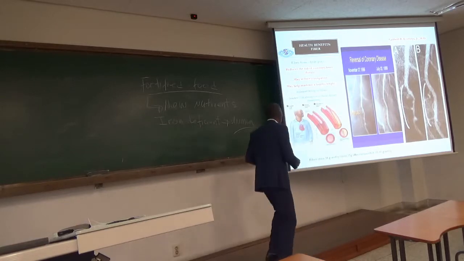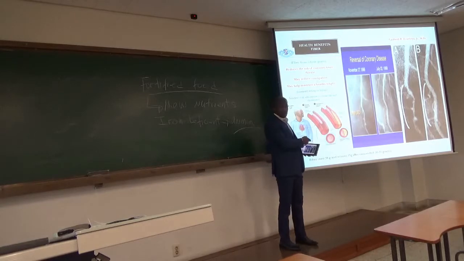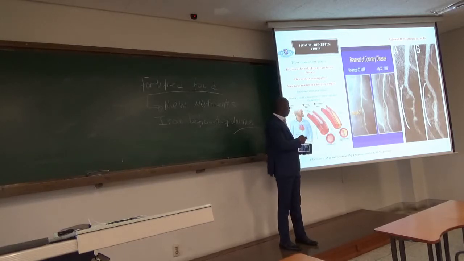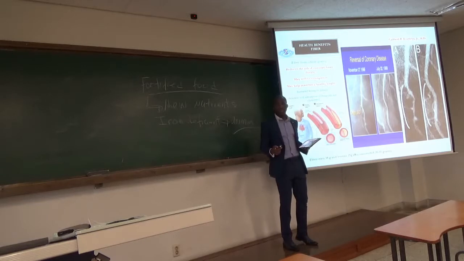In this picture, you have a very nice blood flow here, okay? And then what happened after? You have this plaque here that is basically obstructing the whole thing, and it becomes problematic, right?